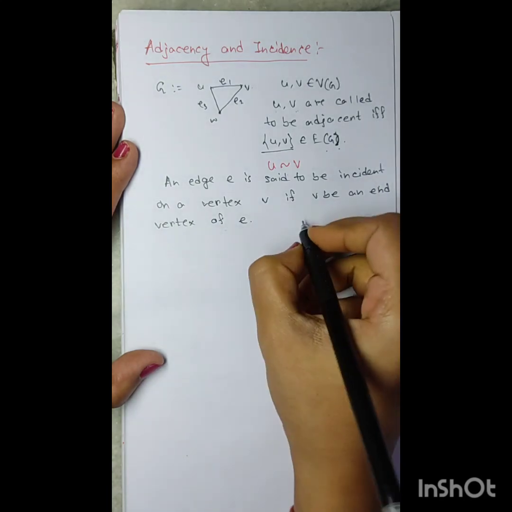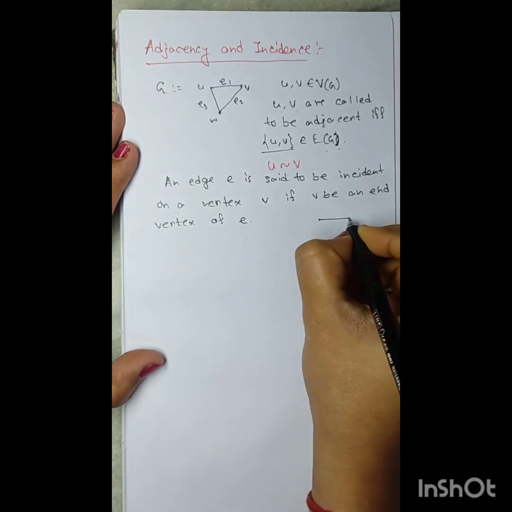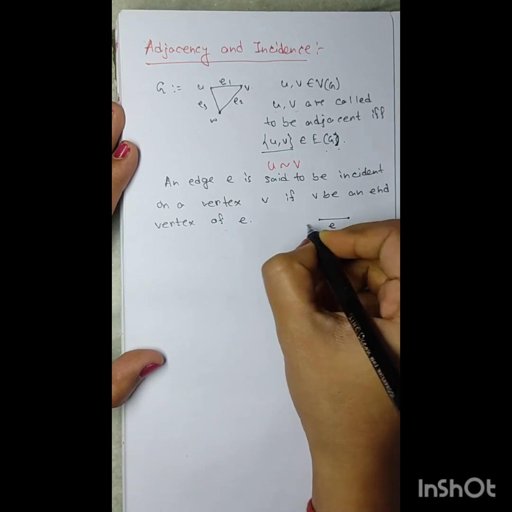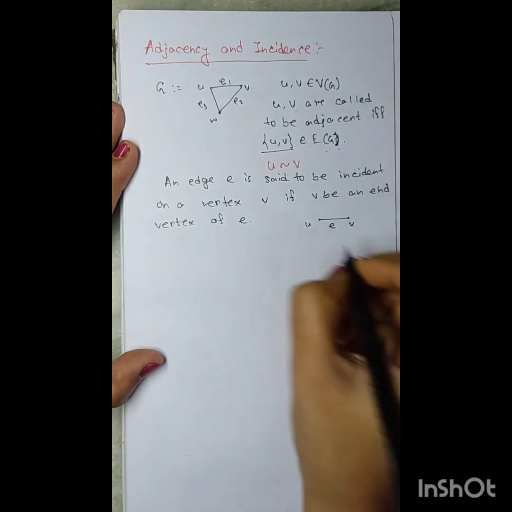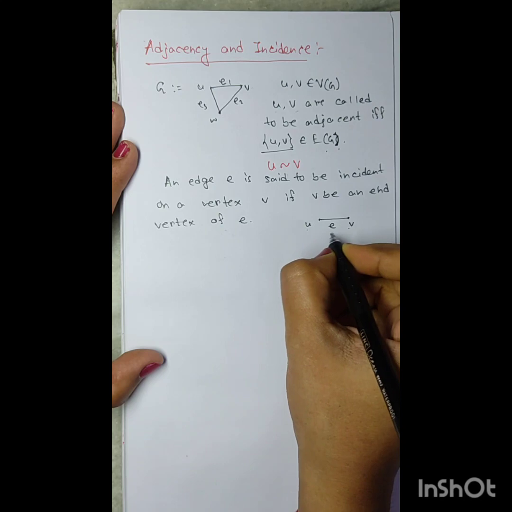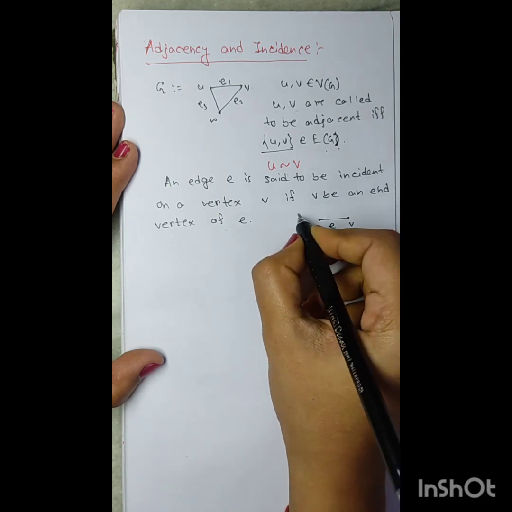So what is an end vertex? If this be an edge e and these two vertices be u and v, then this u and v are called the end vertices of this edge e.